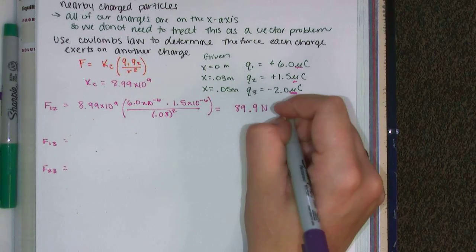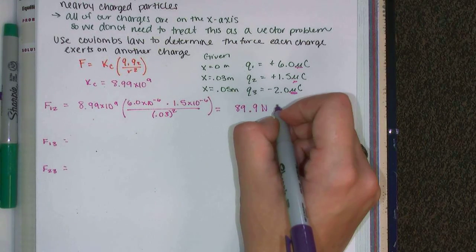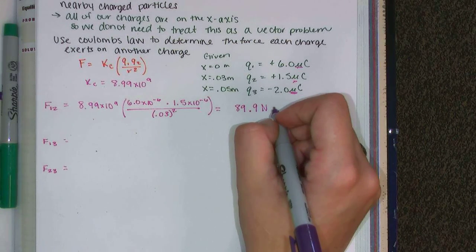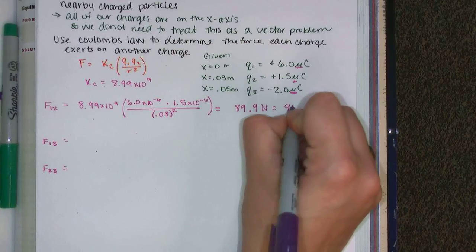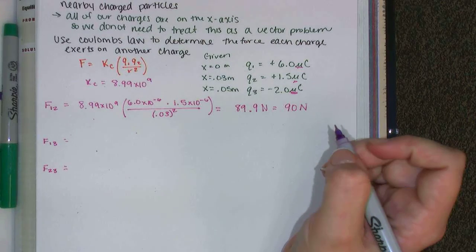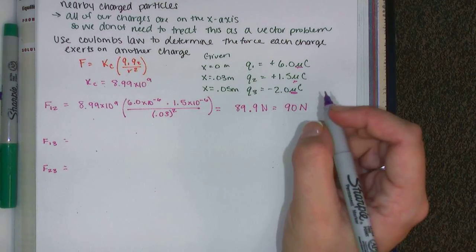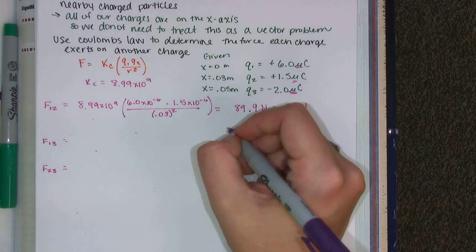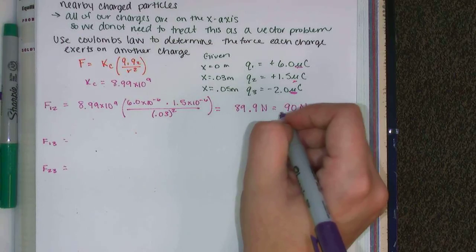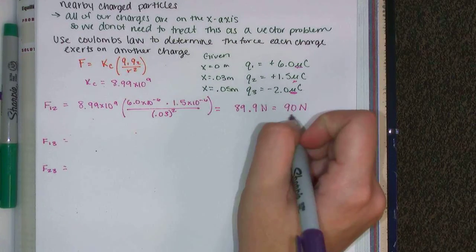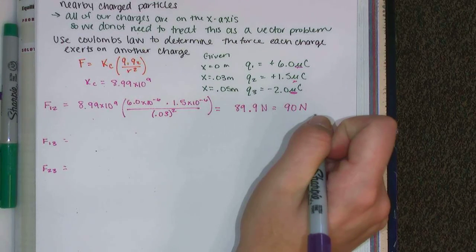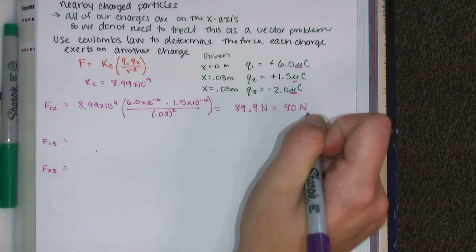Okay, but when we actually go down and use this, the book does go ahead and round your numbers off. So we're going to go ahead and call this 90. Normally, I'm very against rounding at this point because we're not done. However, the book goes ahead and uses rounded numbers, so we're just going to go ahead and round it.